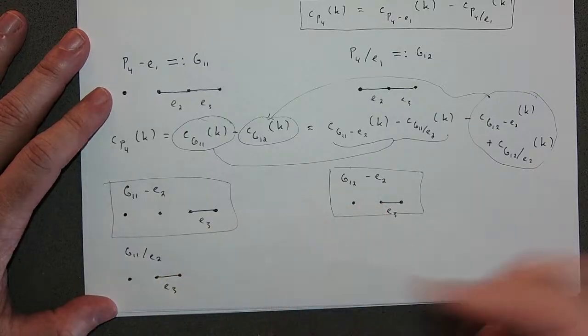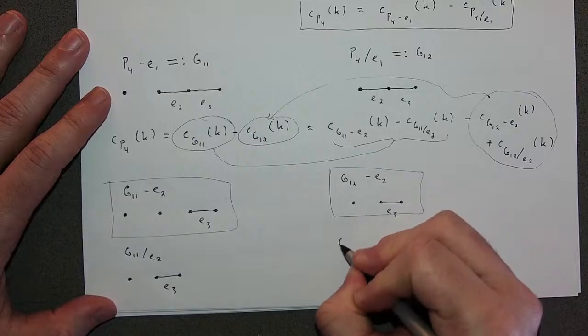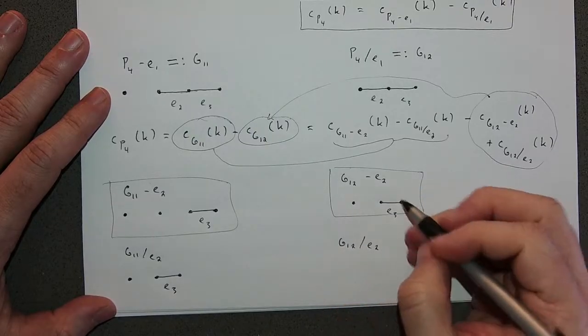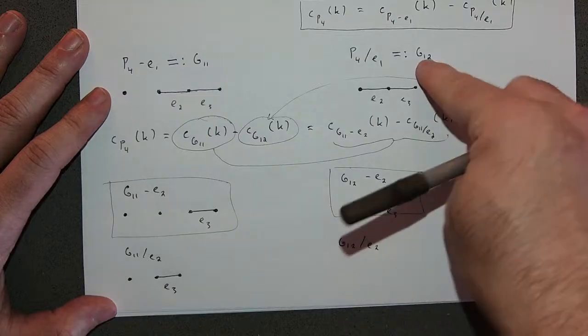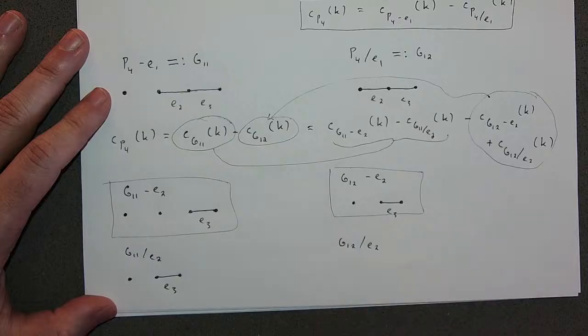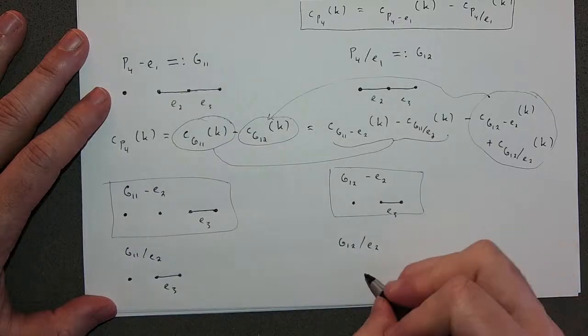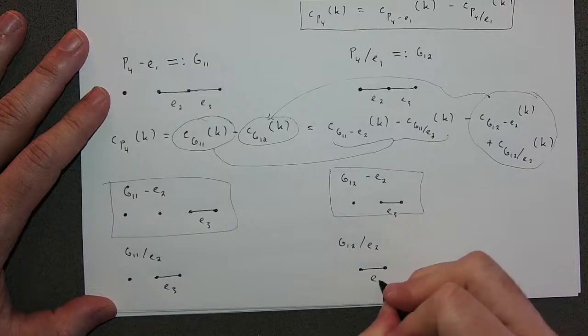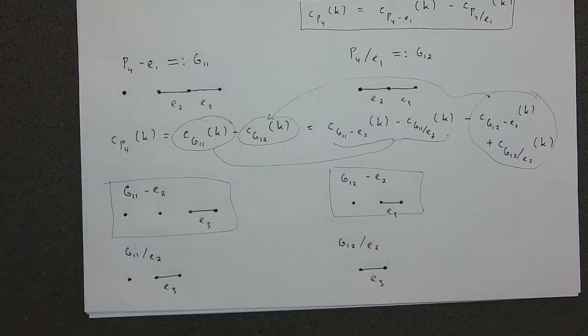Okay, let's do this last one. What does G sub 1 2 mod E2 look like? Here's G sub 1 2 mod E2. I delete E2, identify its end vertices. There.